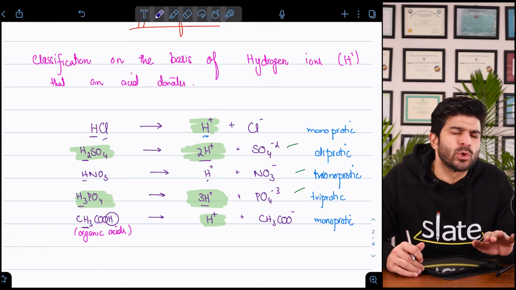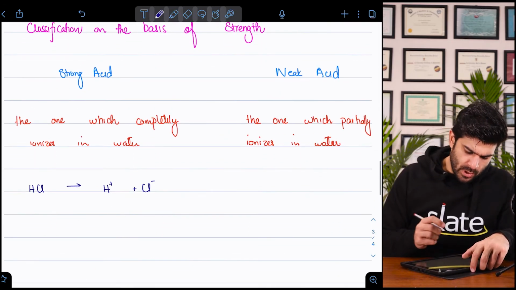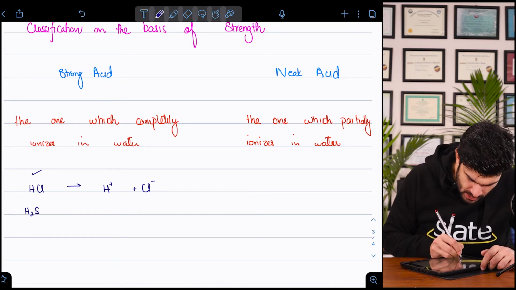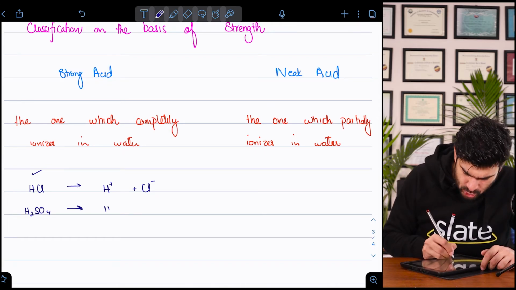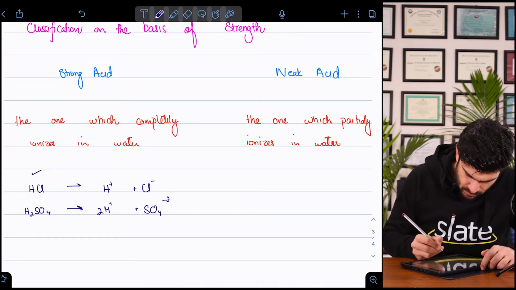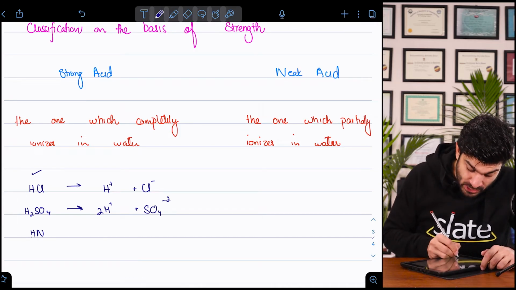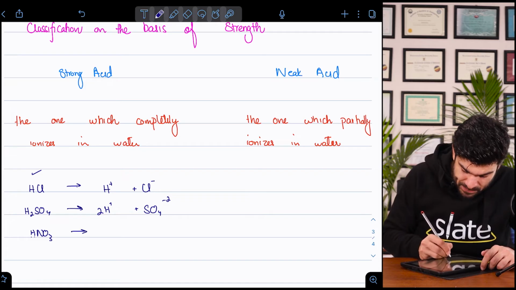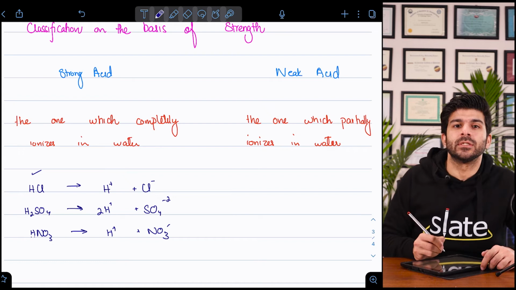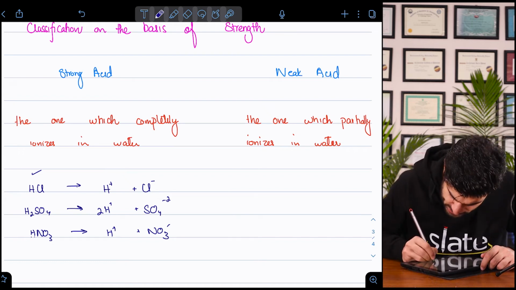Rectify the concept, it's going to help you out. HCl is a strong acid. Sulfuric acid is a strong acid. Even nitric acid, that's why I said these are important types, is a strong acid. Let's talk about phosphoric acid.